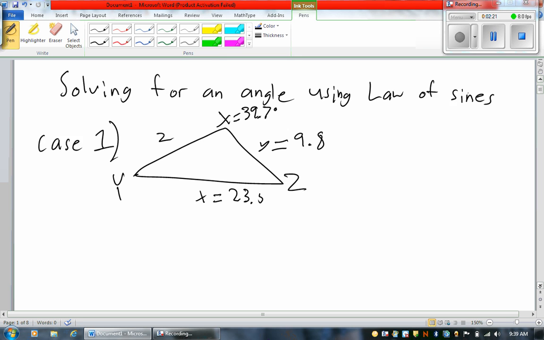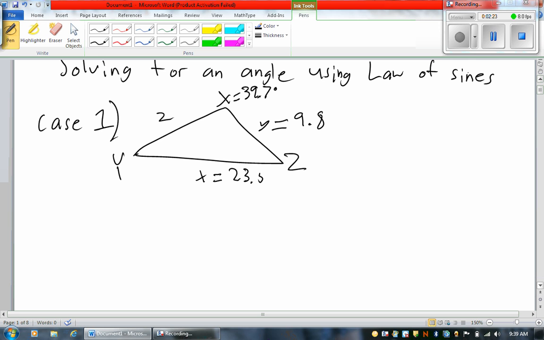So the first thing we're going to do is solve for angle Y. Remember our law of sines: we're going to have our side y over sine of angle Y equals, and now we have to use the one we have both for, which in this case is our x's, so we have little x over sine of x. We can plug in what we know.